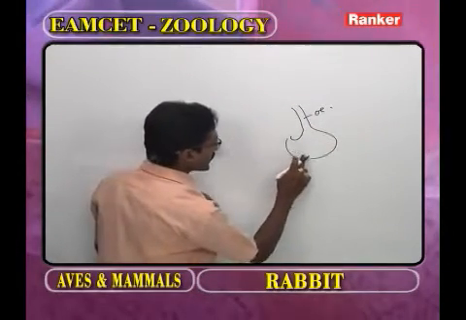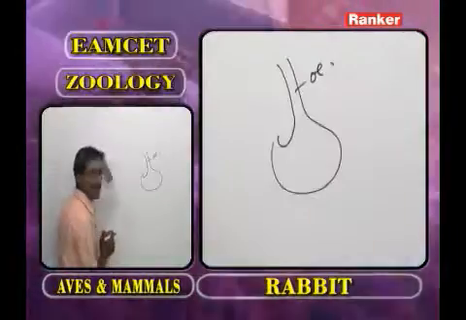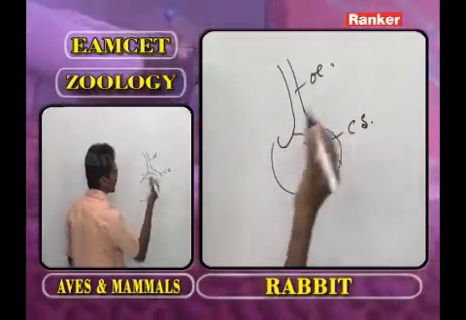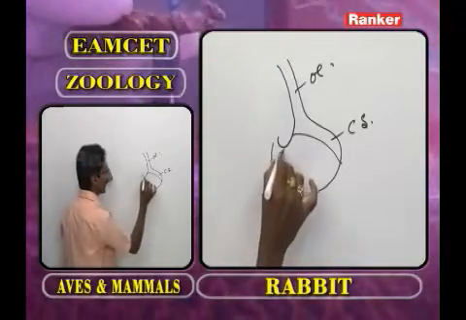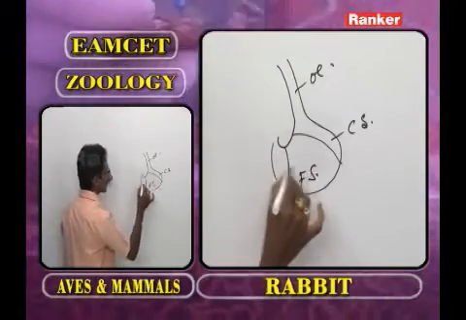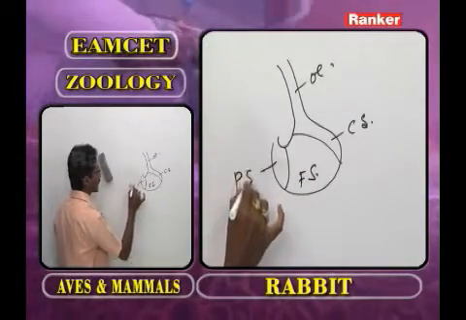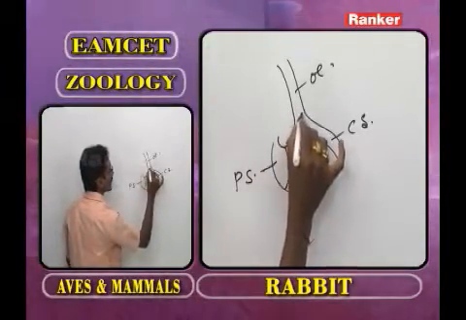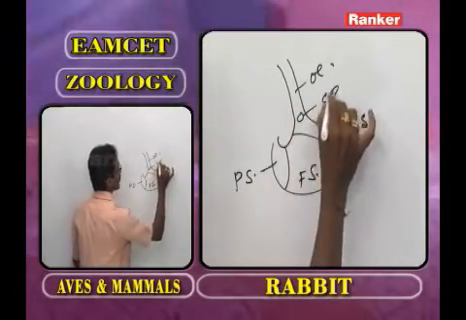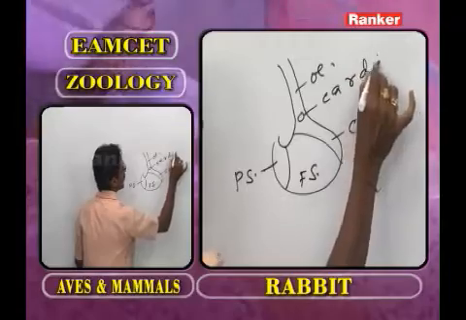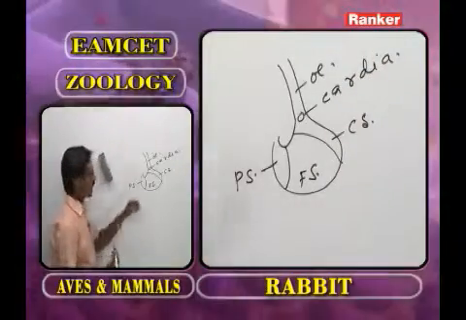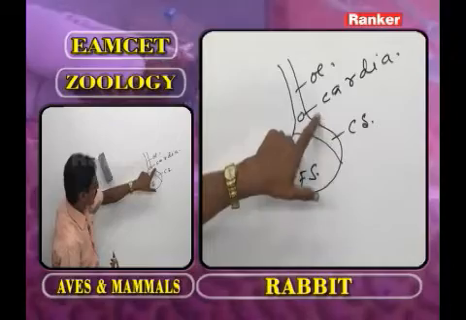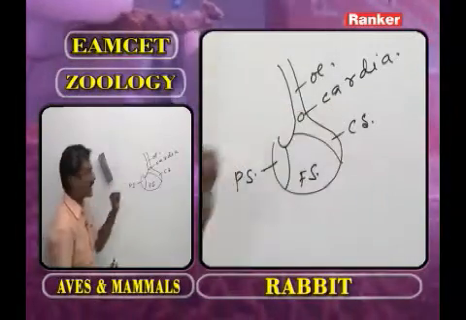This is the convexity, this is the concavity. This part we call the cardiac stomach, this is the fundic stomach and this is the pyloric stomach. The esophagus opens into the cardiac stomach through an aperture called the cardia.